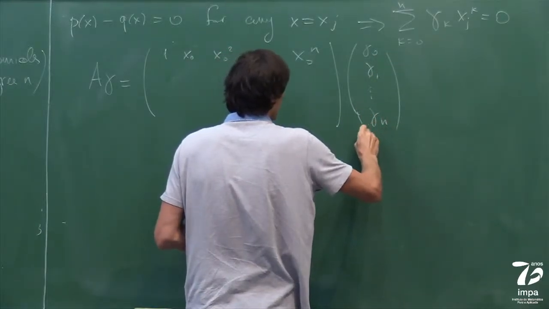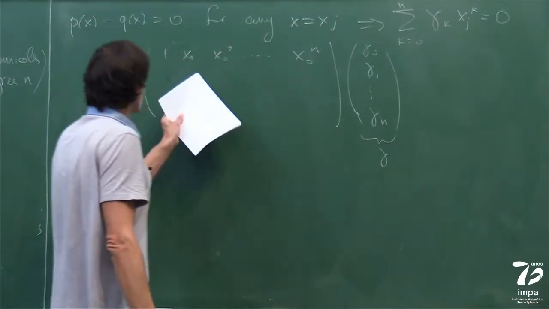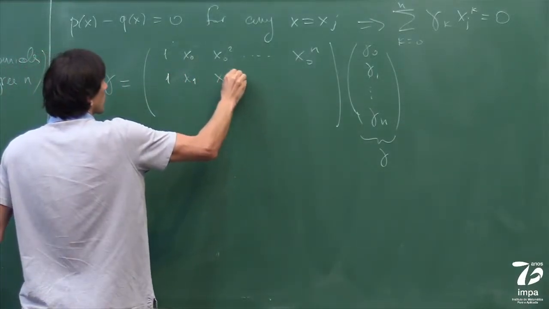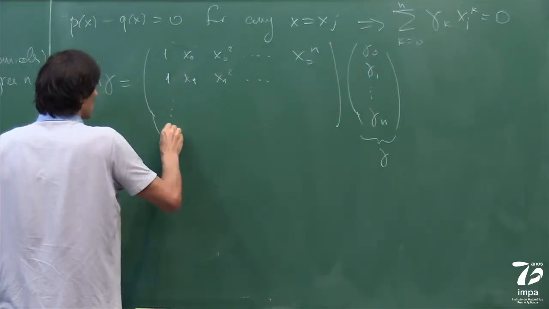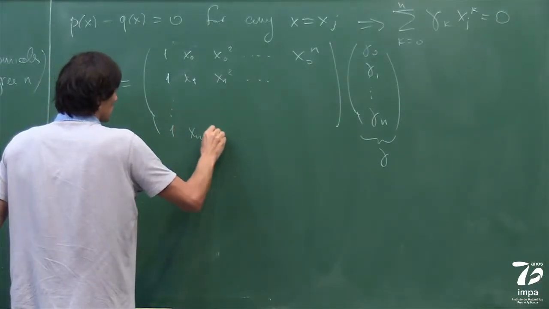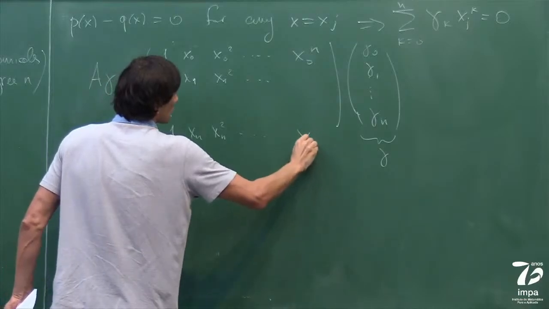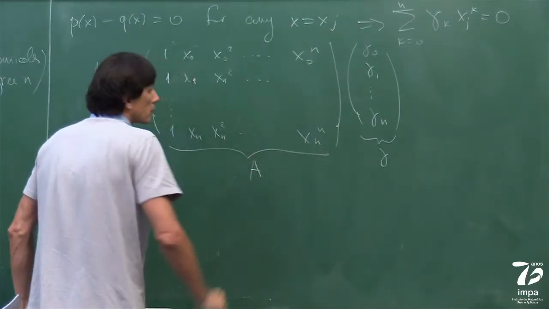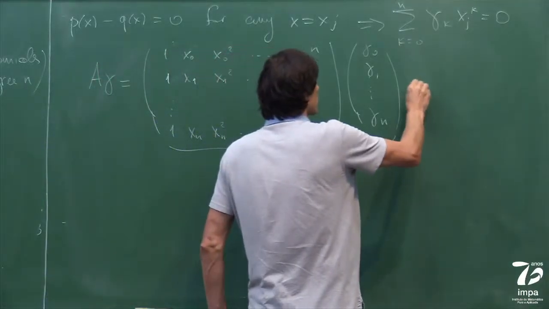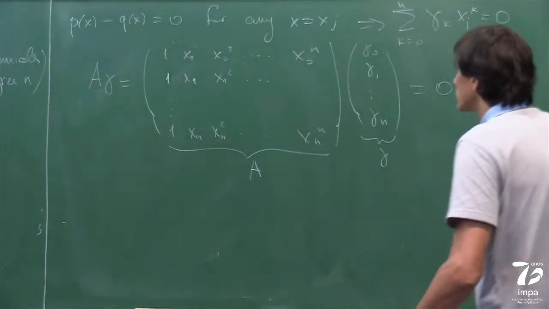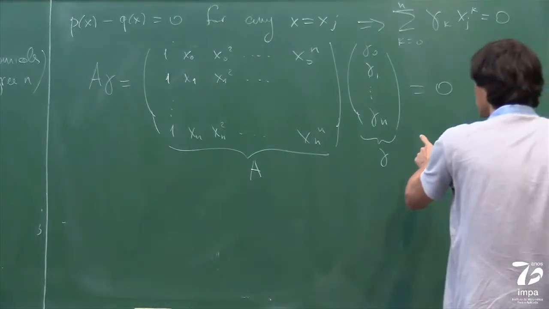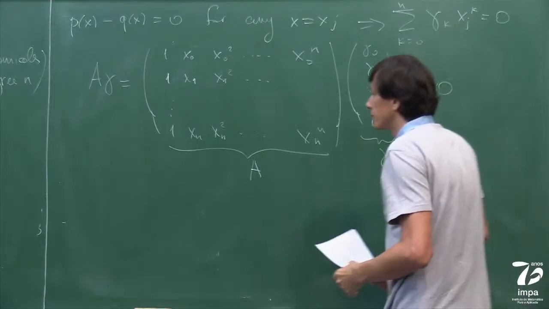So this is gamma, and this will be A. So A times gamma should be 0.